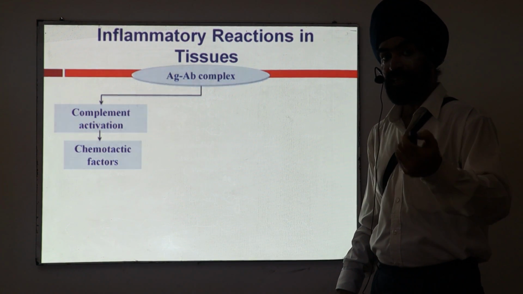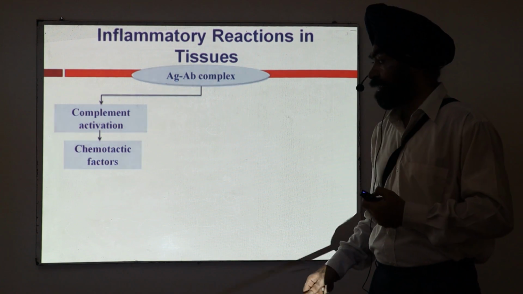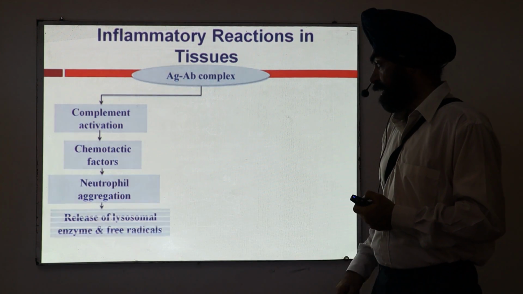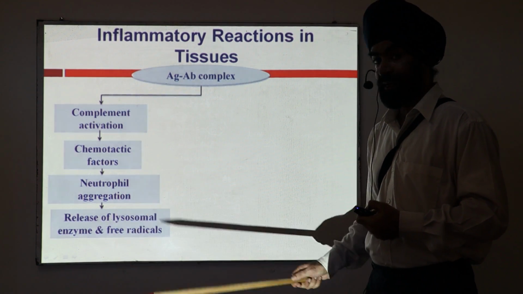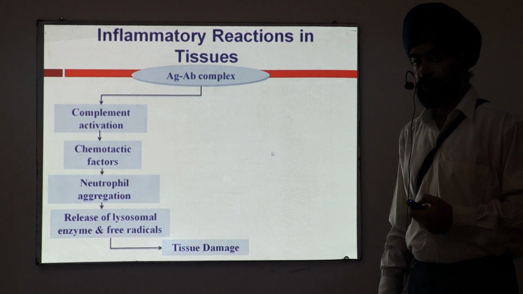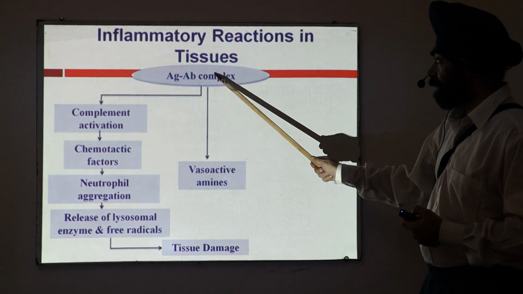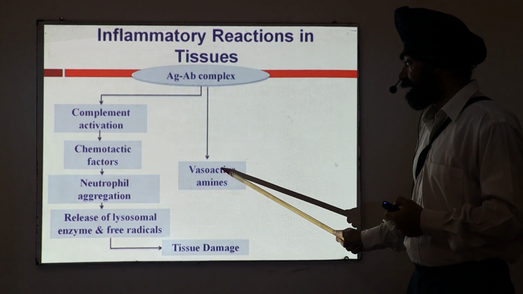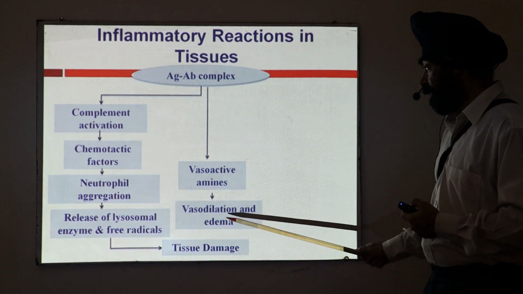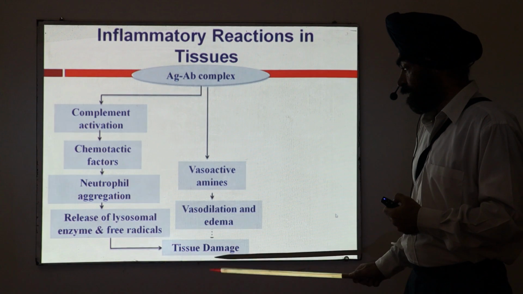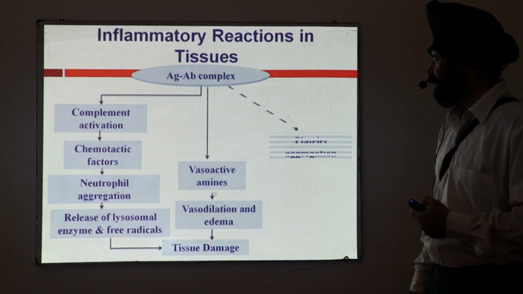You know, if the chemotactic factor is released, it will recruit WBC, neutrophil aggregation. Neutrophils will release a number of enzymes like lysosomal enzyme and free radicals, which will produce tissue damage. Moreover, this antigen-antibody complex will release vasoactive amines like histamine, heparin. So they produce vasodilation and edema, which produces tissue damage.